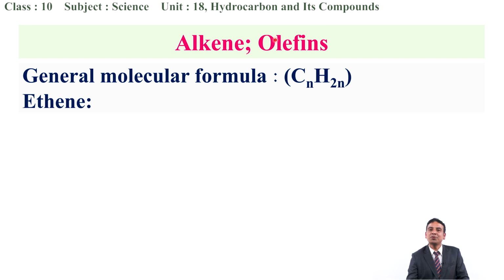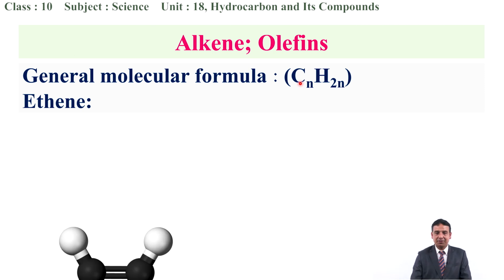Commonly they are called olefins. As we denoted the alkanes by the formula CnH2n+2, for the alkene we write the formula CnH2n. That means the number of hydrogen atoms is double the number of carbon atoms present in the compound.